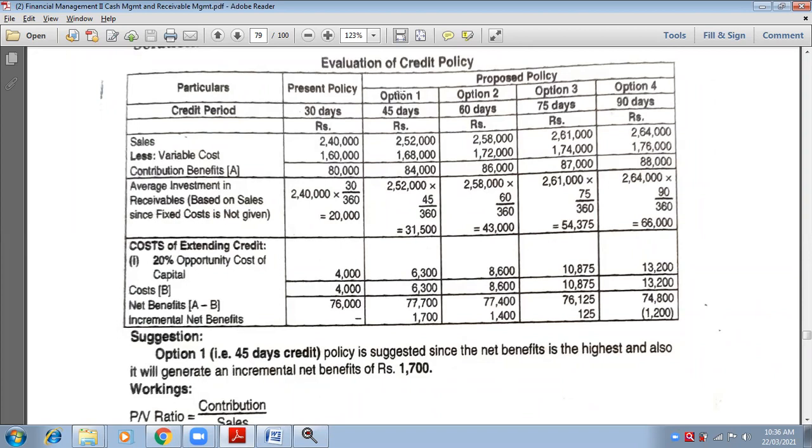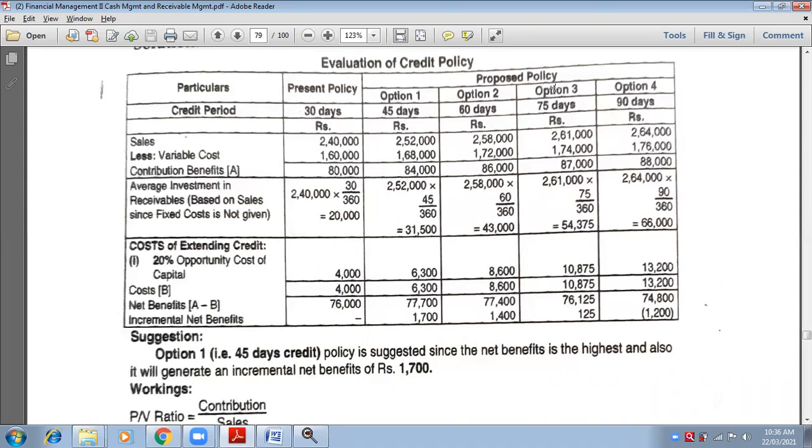Do it with options number 2, 3 and 4: sales into credit period upon number of days. Tell me the answer of option number 2. 43,000.